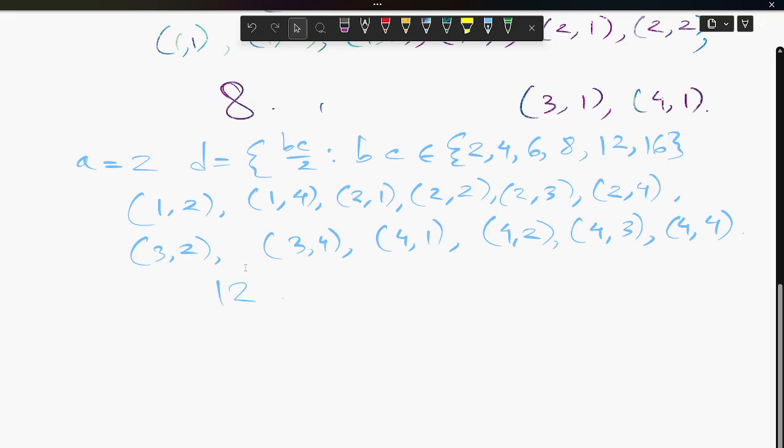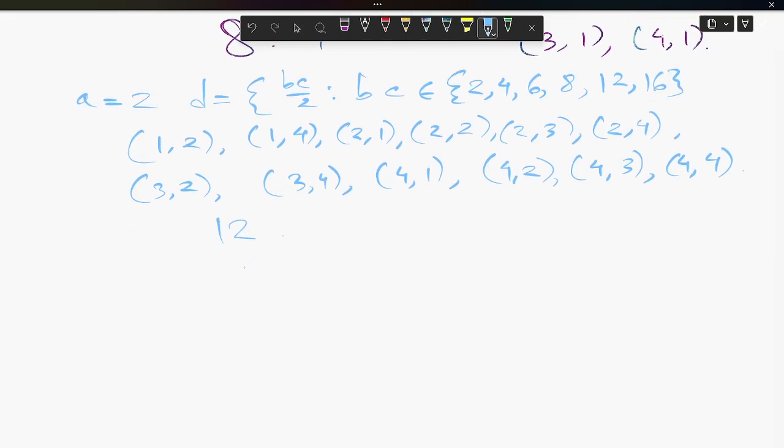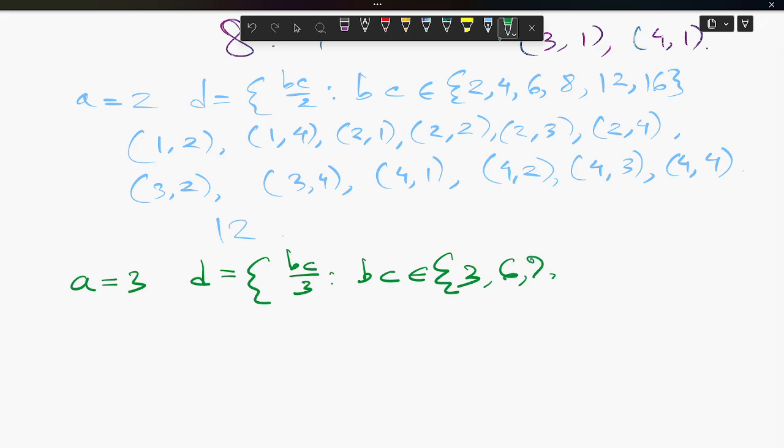So now we have to find for A equals 3. Now let me write with green. For A equals 3, D will be BC upon 3, and BC will then lie in 3, 6, 9, 12.